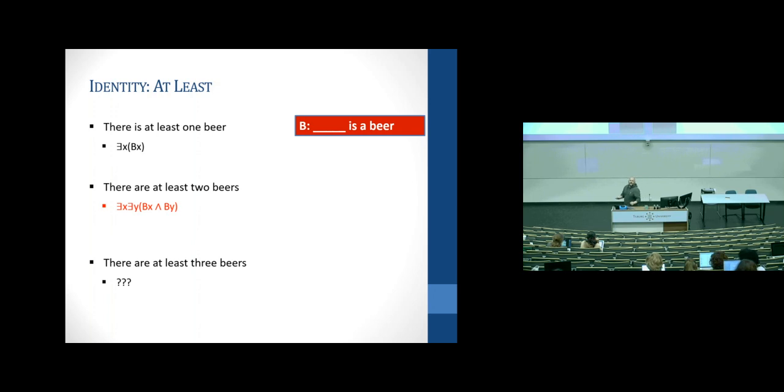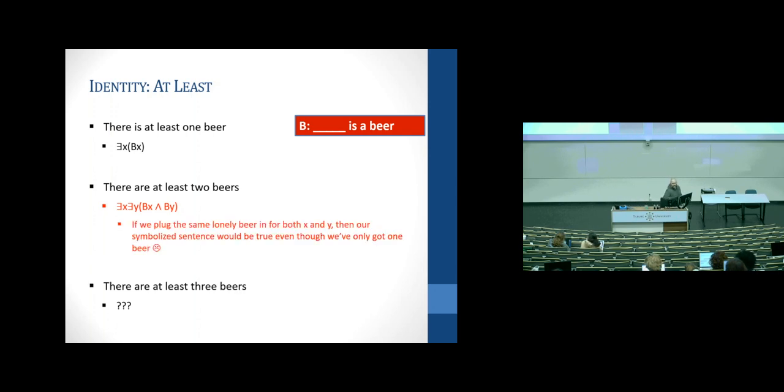So how are we going to change this sentence to guarantee that we get something different? Yes. So we need to add another clause. We need to add another clause that tells us, hey, whatever you grabbed are not identical. So far, we could grab the same thing twice.